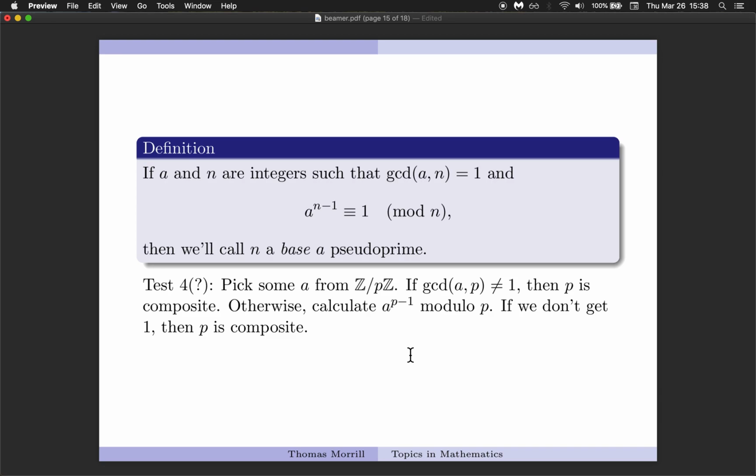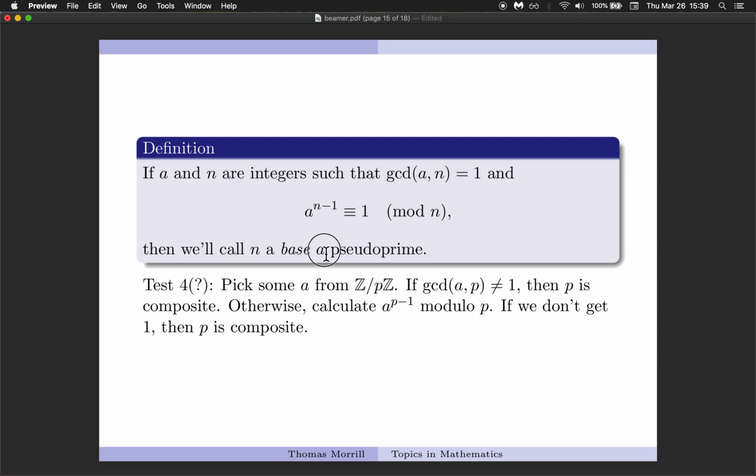So, okay, cool. We're getting there. Can we fix this? If I have a composite number, sometimes it will be a pseudoprime, and I don't like that. I want to quickly identify my composite numbers and get rid of them. So there should just be some base that identifies P as composite, right?